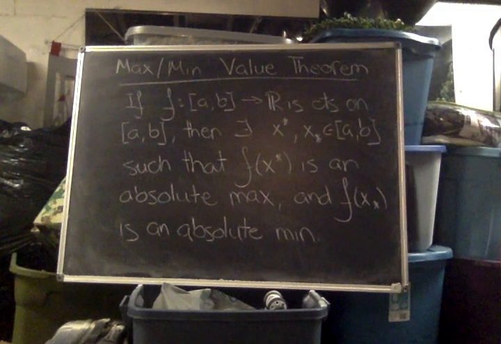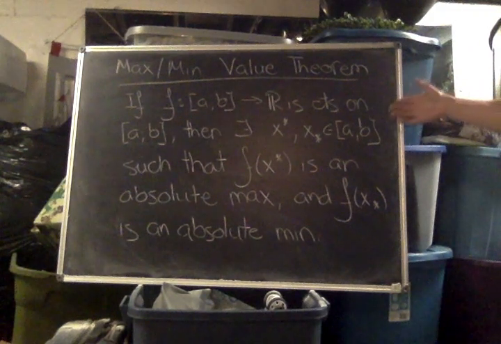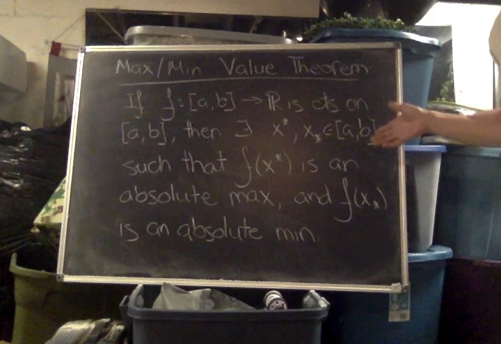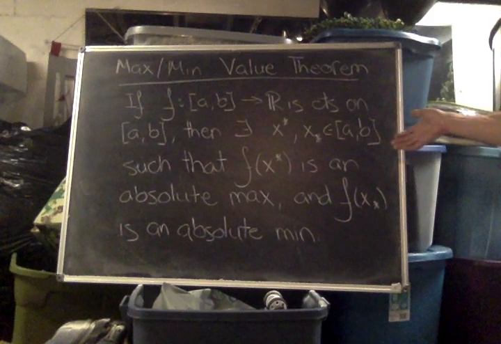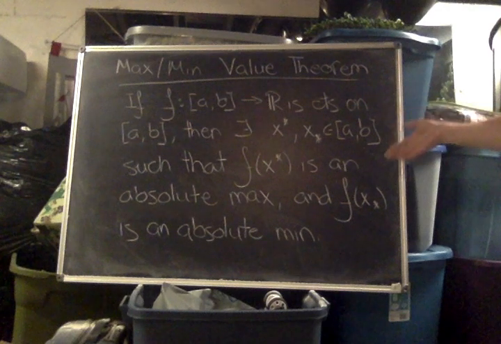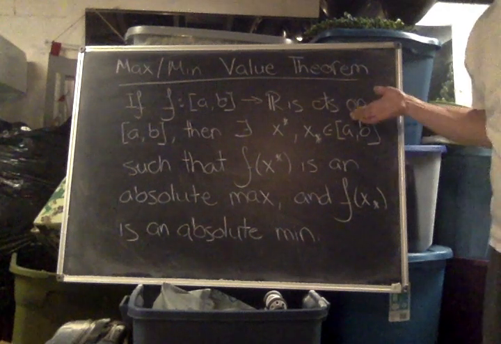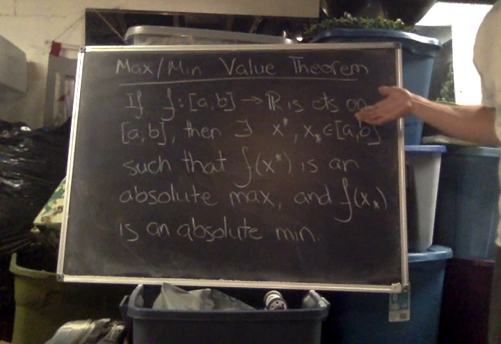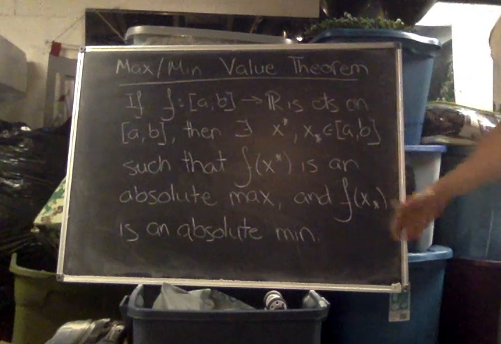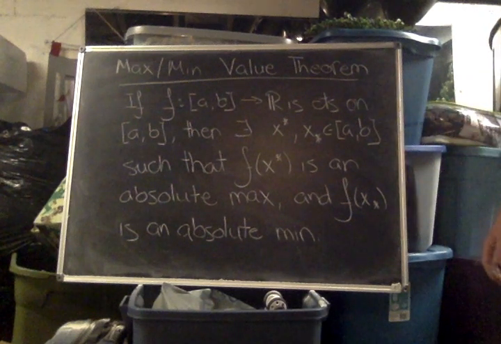Another way to say that is that if f is a continuous function on a closed and bounded interval, then somewhere on that interval f will actually achieve a maximum value and it will actually achieve a minimum value. Okay?